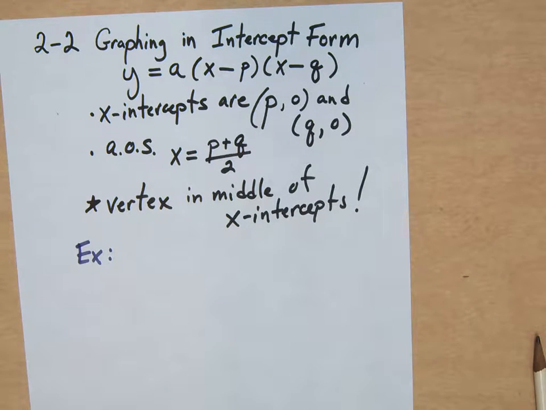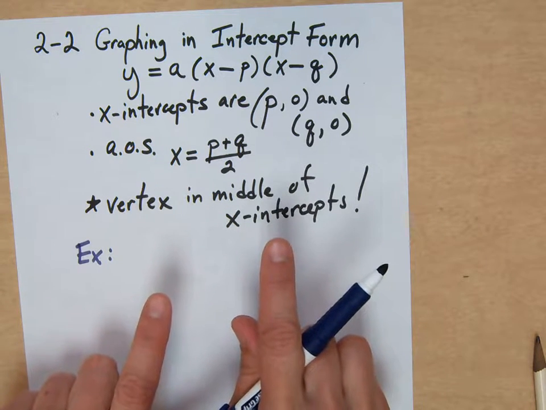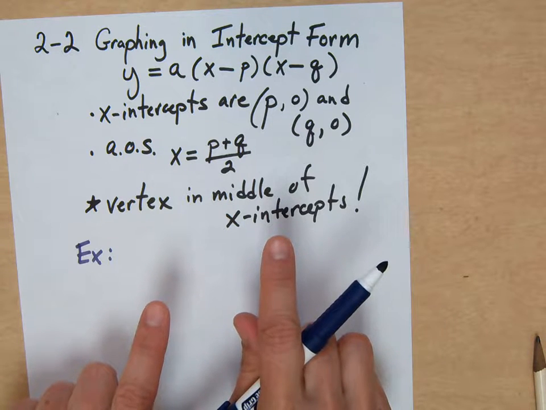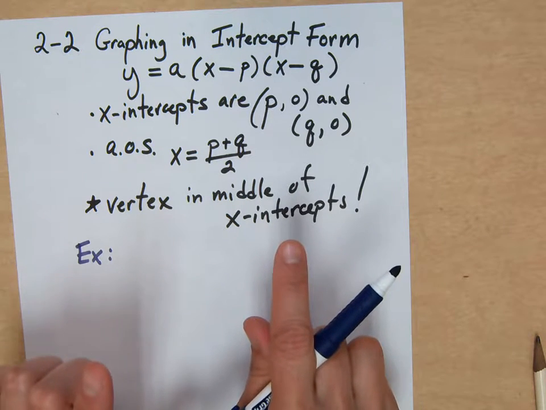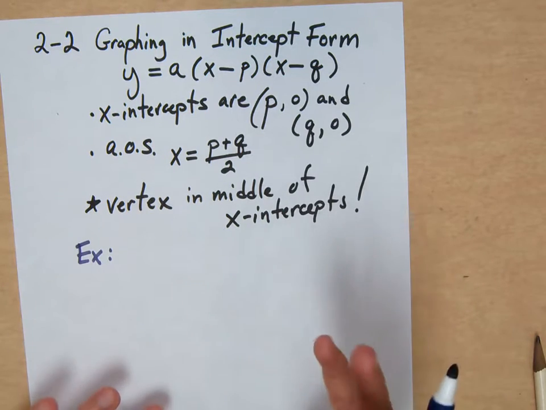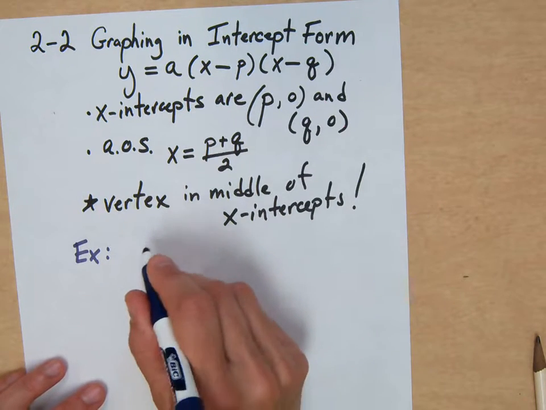No. Okay, so that would be the disadvantage. So what's your fallback if you have to graph something? What can you always go back to? You could try to write it in a different form, or you can make a table. You can always go back to that. We're just trying to avoid having to do that all the time because it's more time consuming.